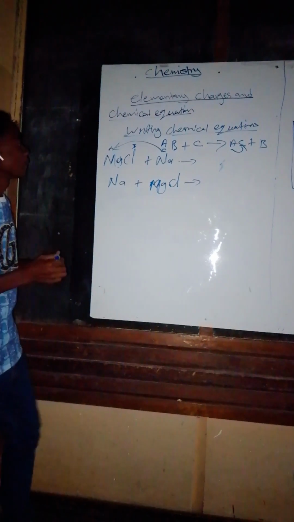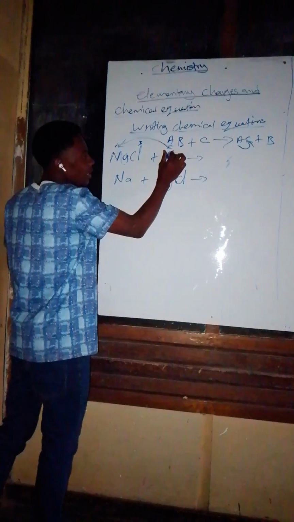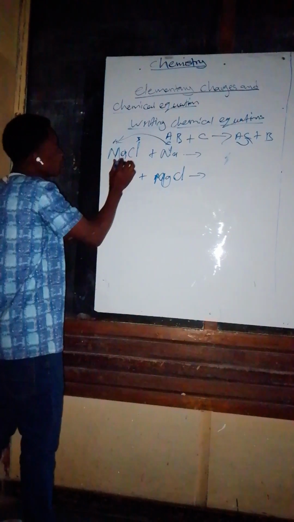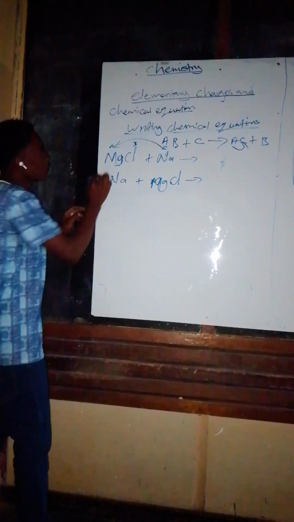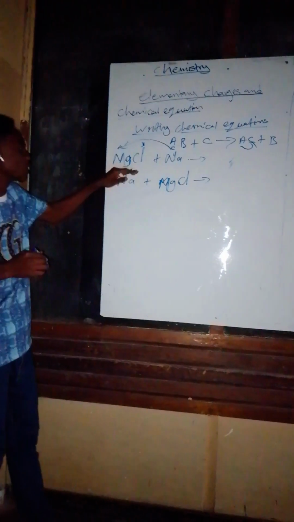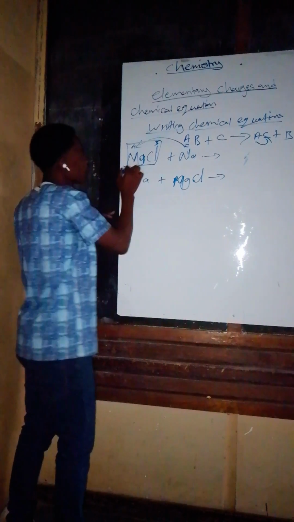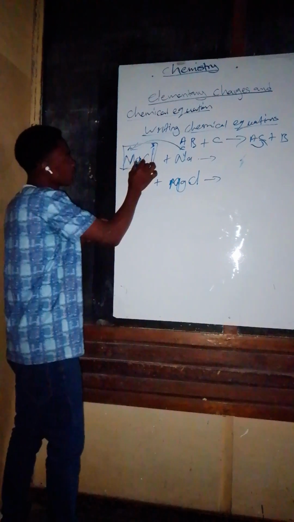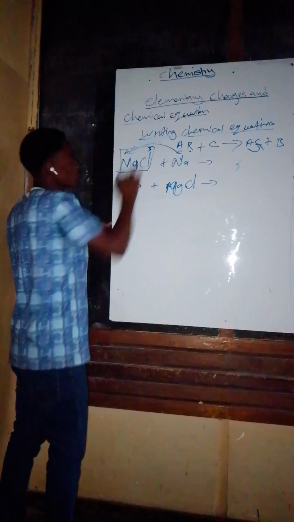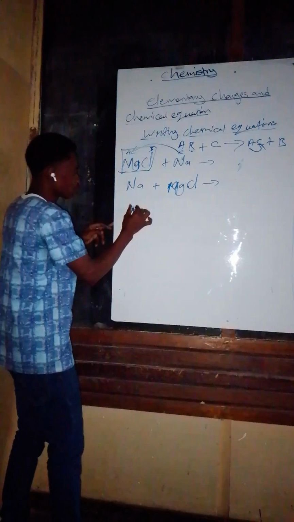What you need to consider here is that since C is going with A, you look at the position of A here. What non-metal do I have on A here? So when you look at this position where you have A and B, the non-metal which C can take is chlorine.